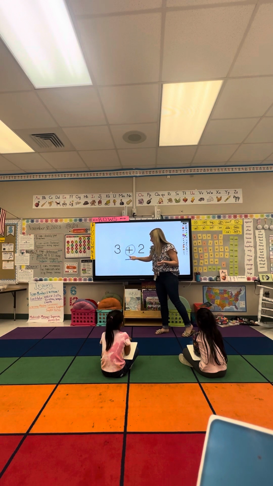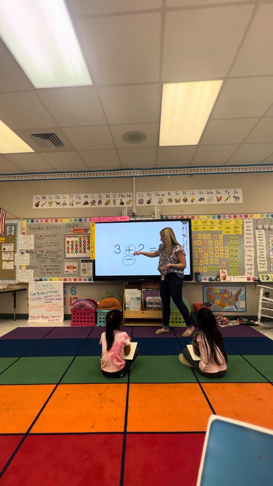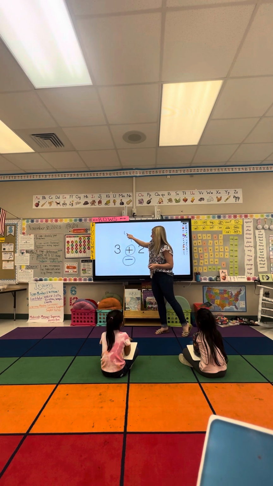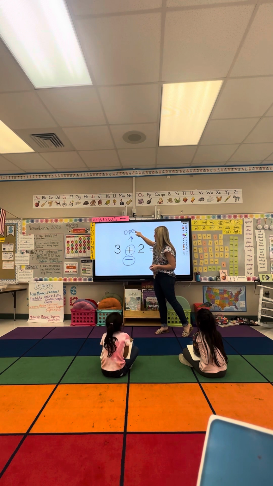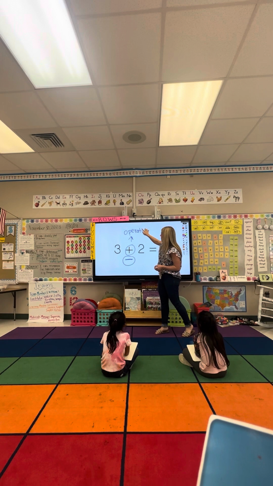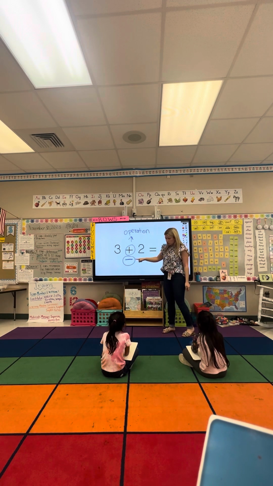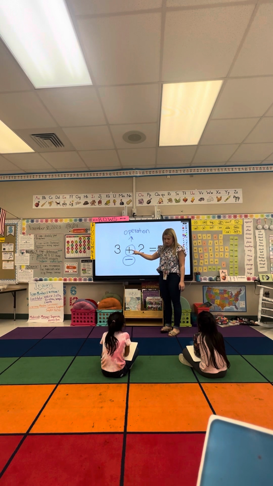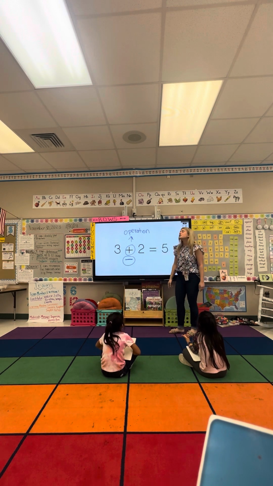These are both called operations. Can you say operation? Operation. So an operation tells us what to do in the problem. So we know if we see a plus sign, that means we're going to add. And if we see a minus sign, that means we're going to subtract.